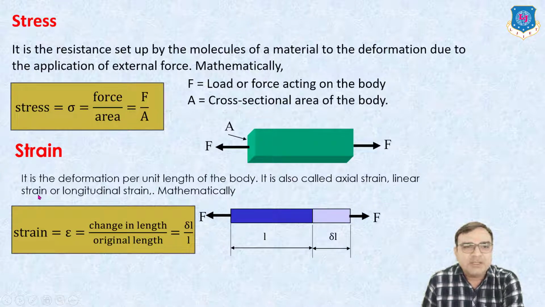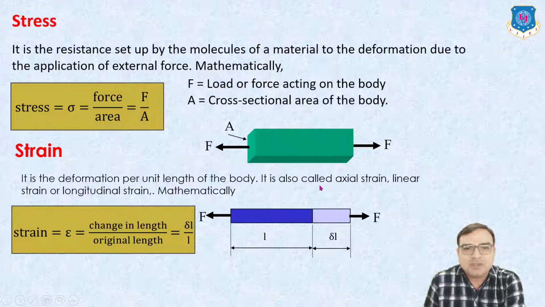And what is strain? It is the deformation per unit length of the body. It is also called the axial strain, linear strain, or longitudinal strain. Mathematically, strain epsilon is equal to change in length by original length.